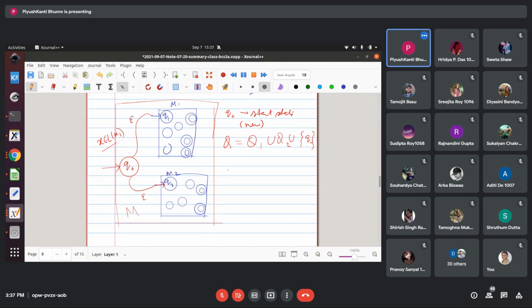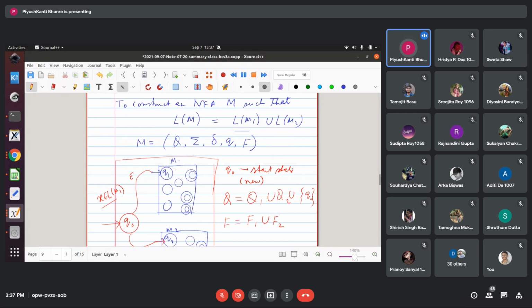What will be the final state? This is just F1 union F2. Sigma is the same.